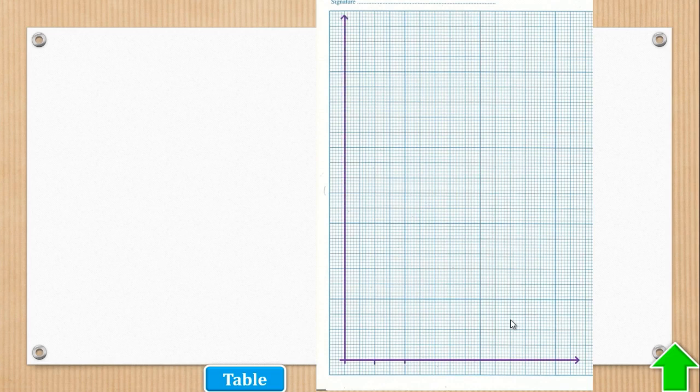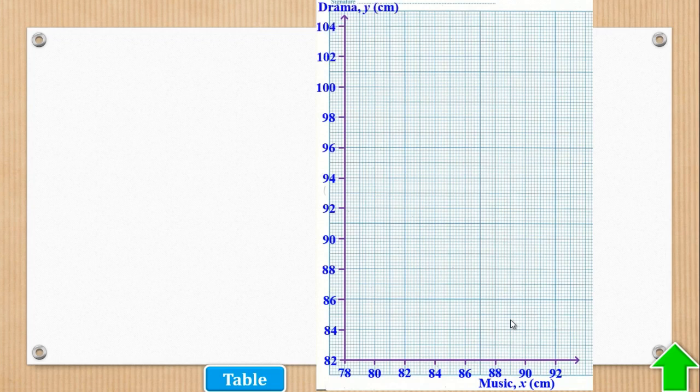Then we get a scale for the horizontal axis, and also do the same for the vertical axis. Then we get a title for our graph.